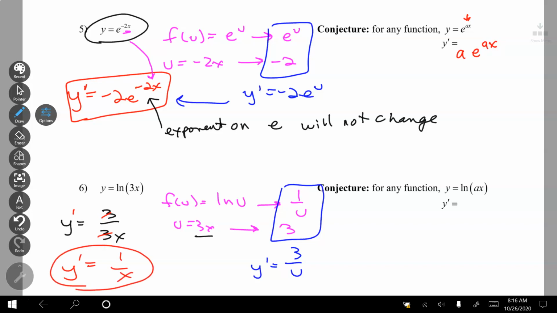So if you have ln of ax, it seems like its derivative is still 1 over x. That a is irrelevant. Doesn't have any effect. Does not matter.